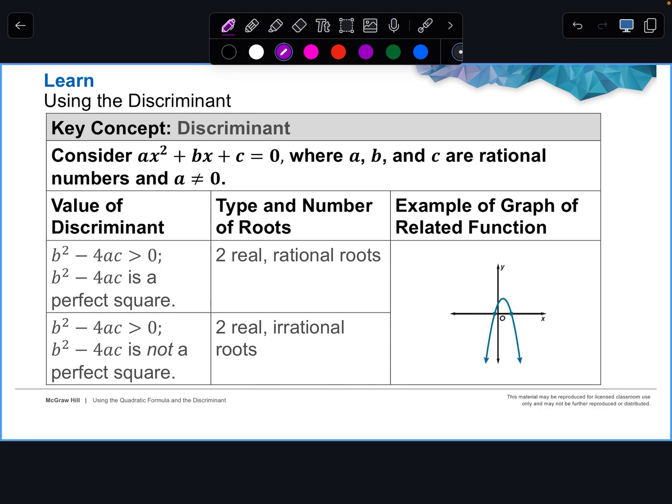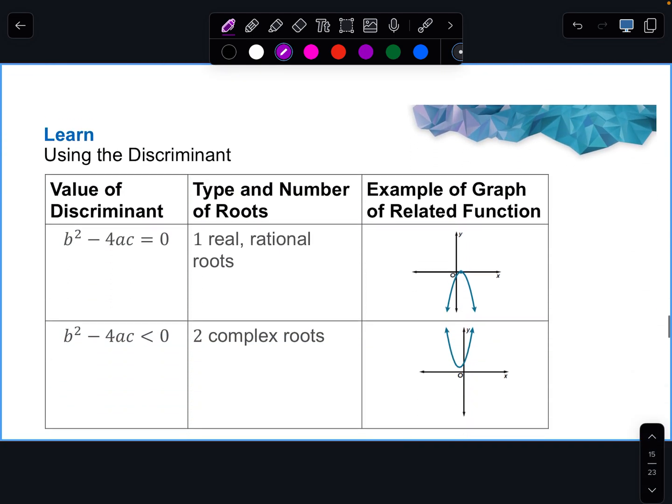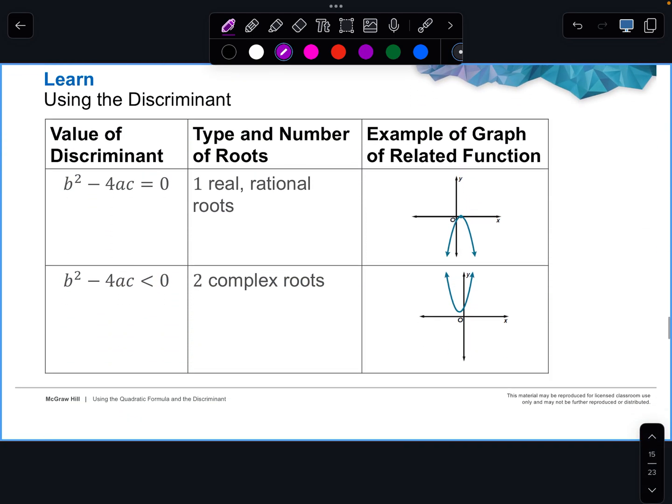If b squared minus 4ac is equal to 0, I will have 1 real rational root. If b squared minus 4ac is less than 0, I will have two complex roots.